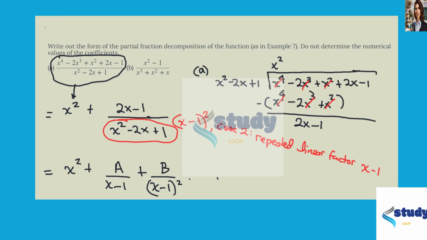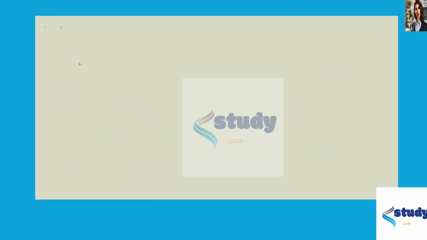Let's go to the next page for part B. So for B, we have x squared minus 1 over x cubed plus x squared plus x. We notice that the denominator has degree larger than the numerator. That's good.